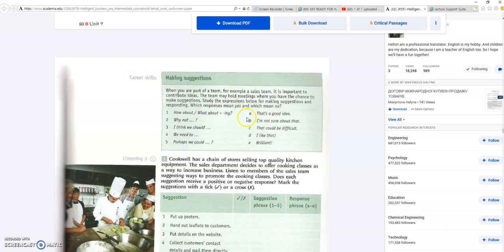Anyway, which response is a negative response over here? Which responses are negative? A, B, C, D, and or E. Which of these 5 are negative? Which of these 5 are positive responses?